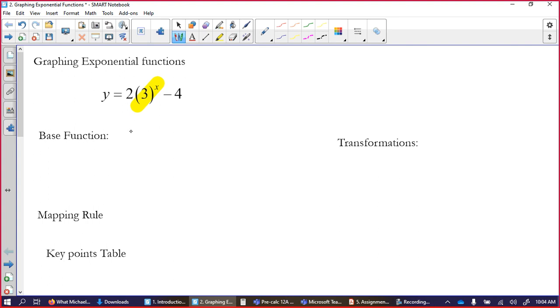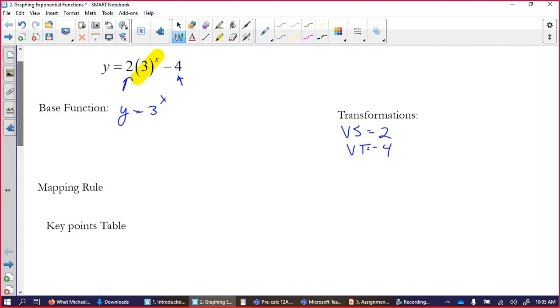So I can say my base function is y equals 3 to the x. Well, what transformations does this have? Is there anything with the x? No, but there's something here with the y. So we have a vertical stretch of 2, a vertical translation of -4.